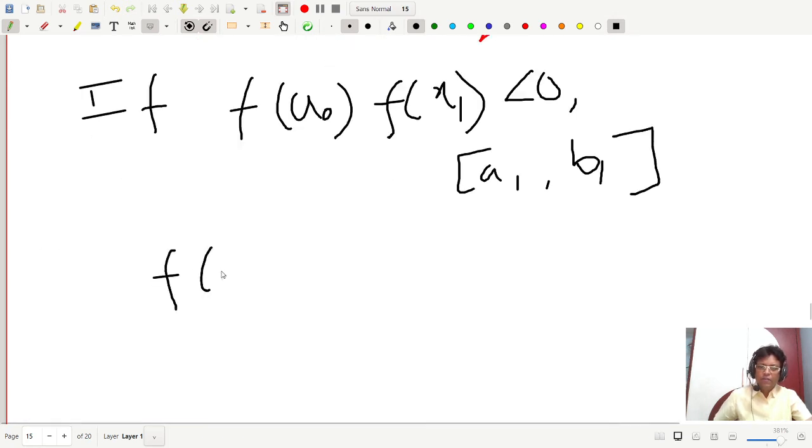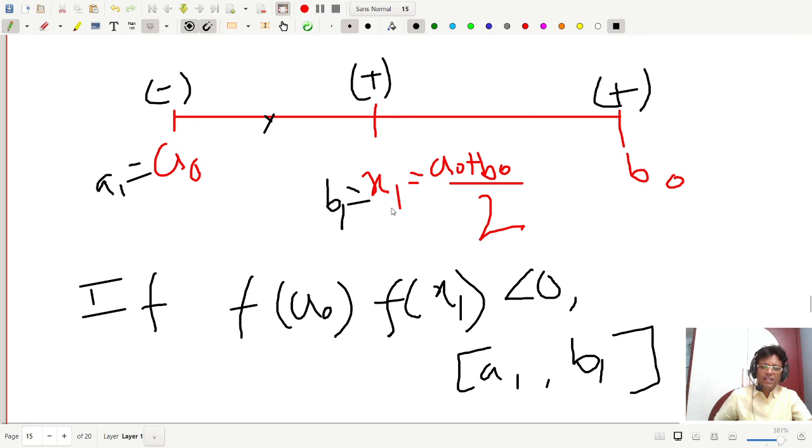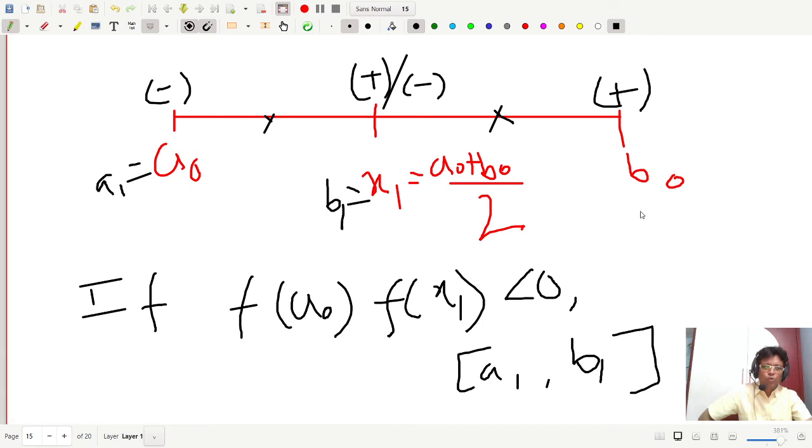Otherwise, if b0 is less than 0, then this is your a1, and this interval contains the root. Otherwise, if this is negative, then the interval b1 and b0 contains the root.